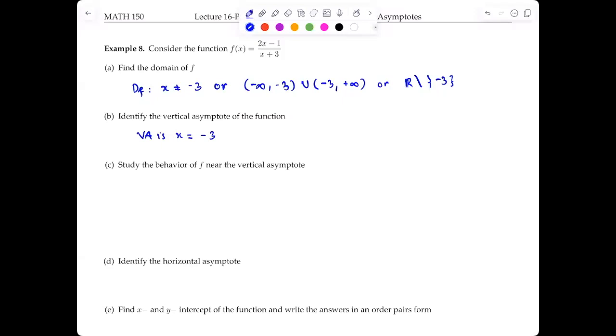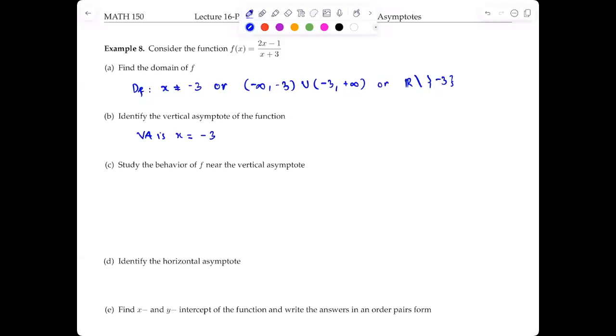Questions? Are you okay with the numerator being negative? Are you okay with the denominator now being negative? Okay. So negative over negative becomes positive.